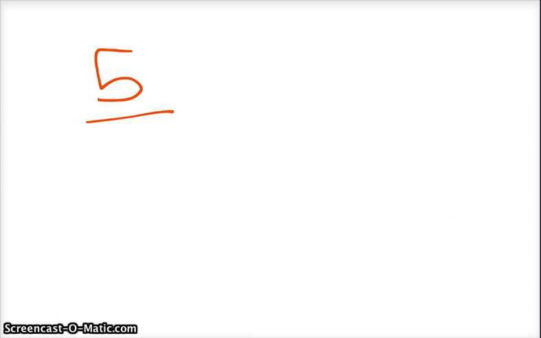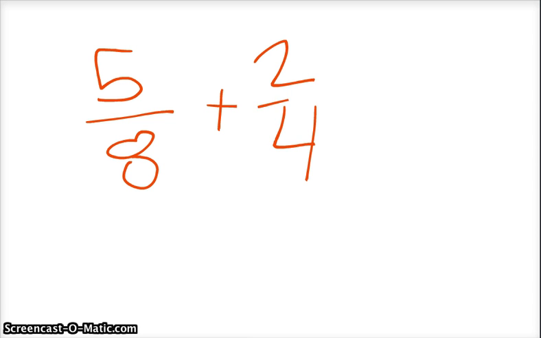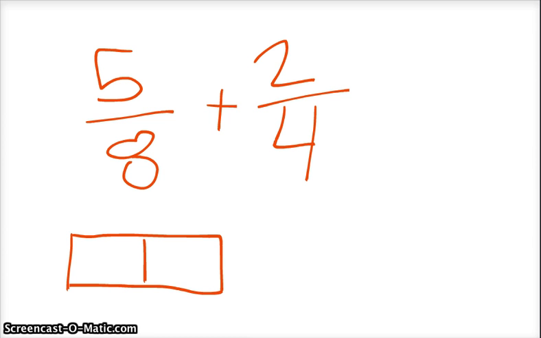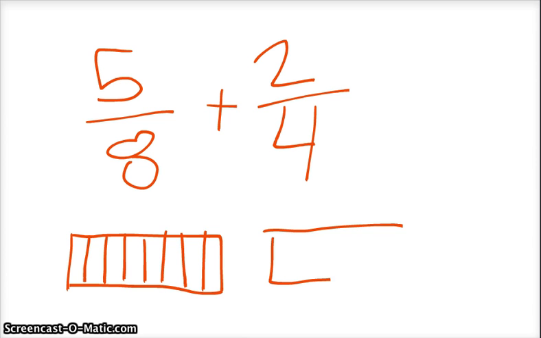Now let's see if we can solve 5/8 plus 2/4 together. Now, one way we could do this is with our pie charts. Actually, let's not use a pie chart. Let's try something different. Let's see if I can use a bar. So I'm going to divide this bar into 8ths as best as I can. And then see if I can draw a very similar bar here.